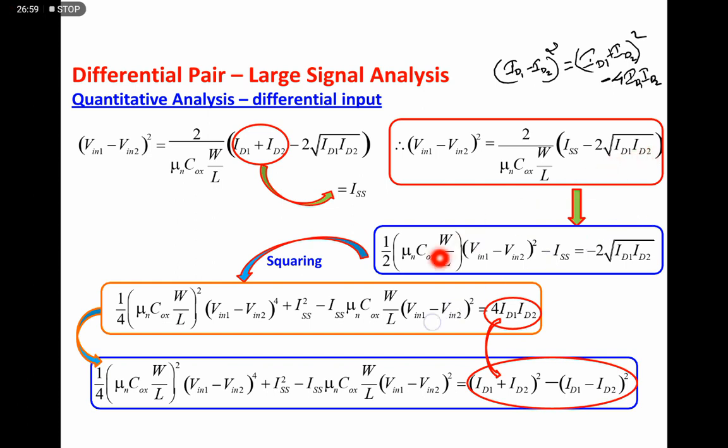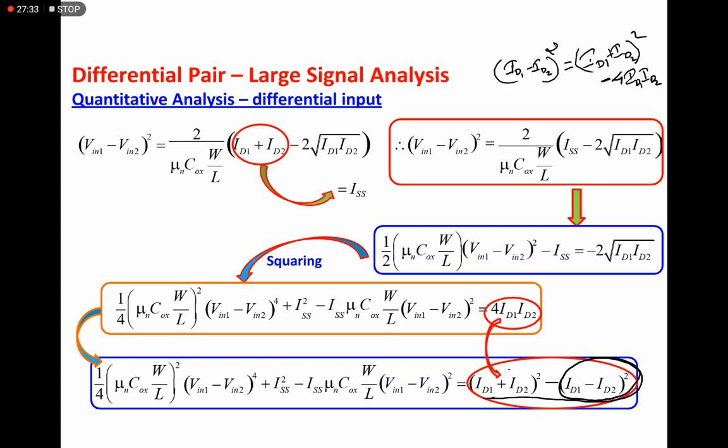For that we are splitting this one and taking ID1 ID2 separately, and we are able to find ID1 ID2 in terms of ISS and Vin1 minus Vin2. Okay, ID1 here it is ISS and then Vin1 minus Vin2, and from this one we will be able to find the value of (ID1 minus ID2) the whole square.